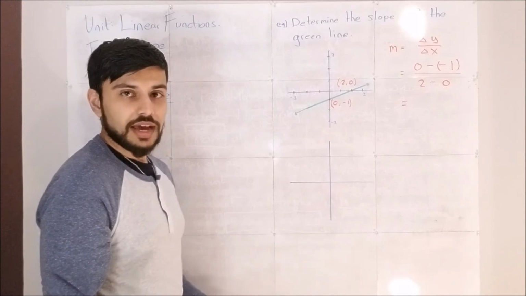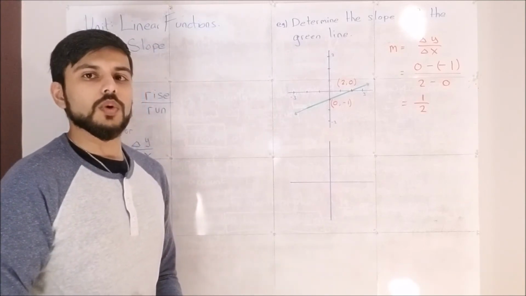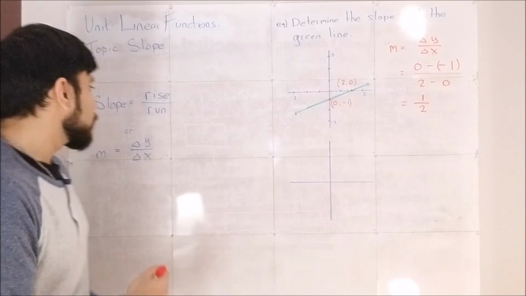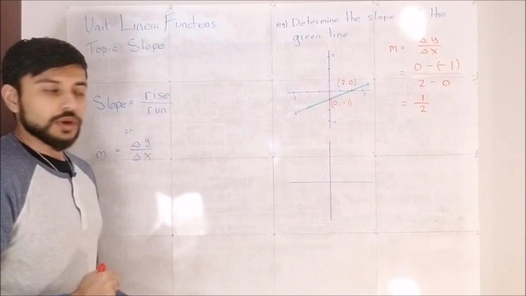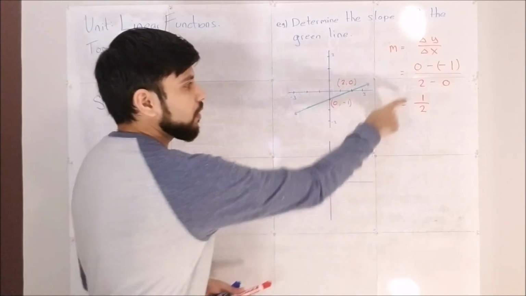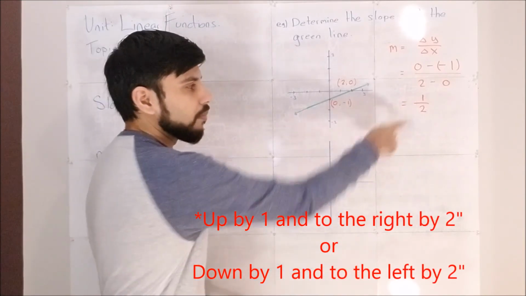And when we calculate that, we end up getting a slope of 1/2, 1 over 2. Now, how can we confirm that? Well, remember, our slope means rise over run. So this formula is telling me that every single point moves up by 1 and over by 2.